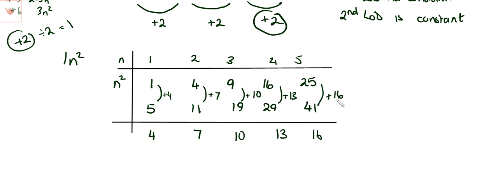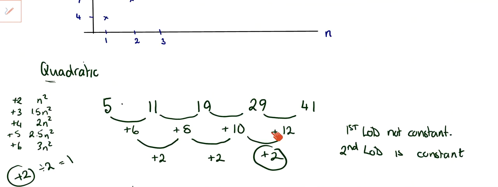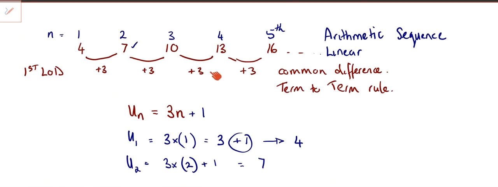That's the adjustment. Now, before, with a linear sequence, our adjustment was just the plus 1 happening every time. Do you notice, by the way, these numbers compared to what we've just done?